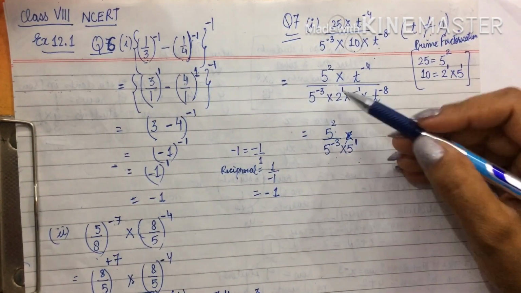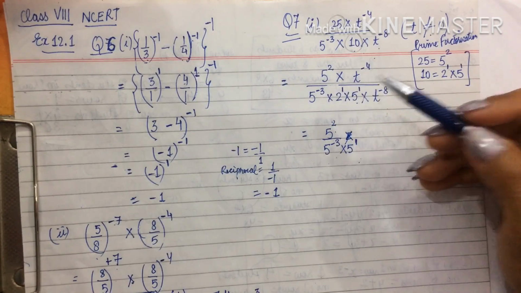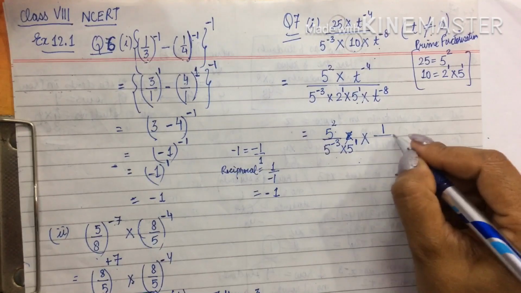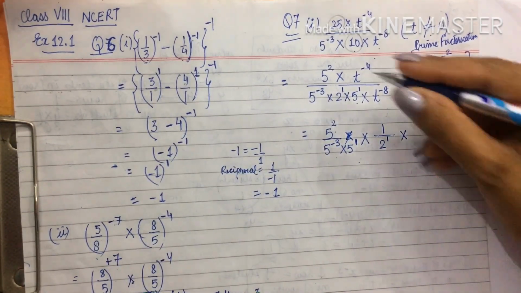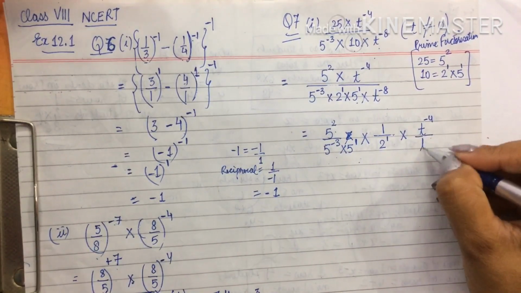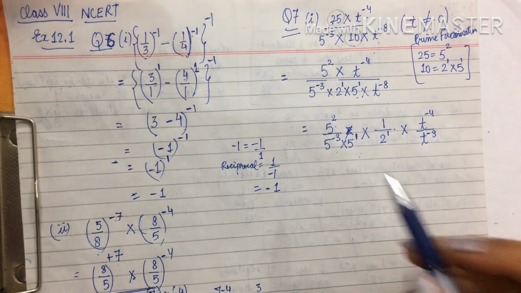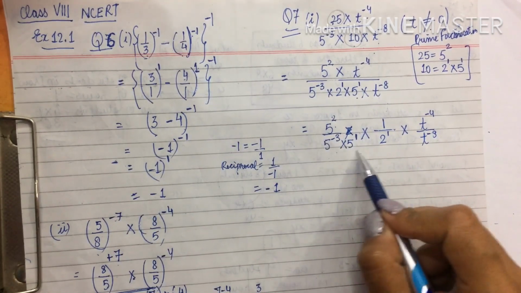Then the second term is with base 2, but I don't have any term in the numerator for which the base is 2. So I can simply write it as 1 over 2 raised to the power 1. Then I will write the terms with base t, t raised to the power minus 4 over t raised to the power minus 8. Now simplifying these separately using laws of exponents, I will work with the denominator first.